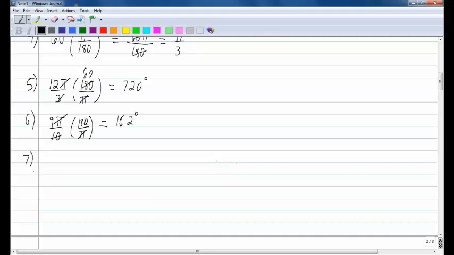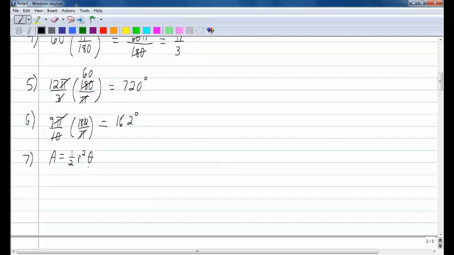Number 7. If capital A denotes the area of the sector of a circle of radius r formed by a central angle theta, find the missing quantity. If necessary, round the answer to 2 decimal places. So our formula for area of the sector of a circle equals 1/2 times r squared times theta.